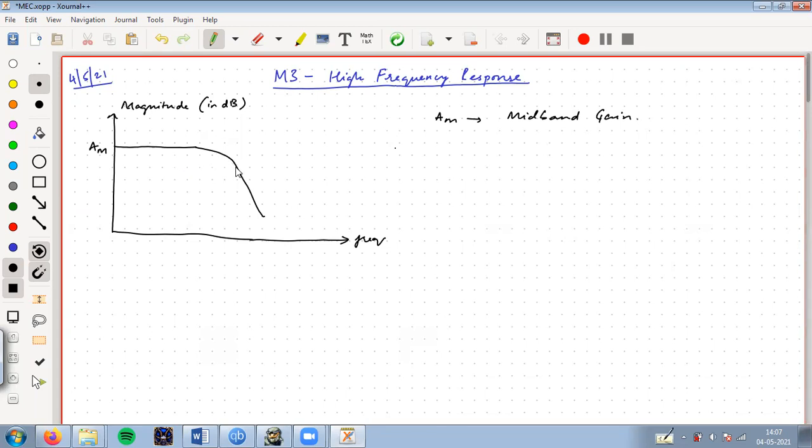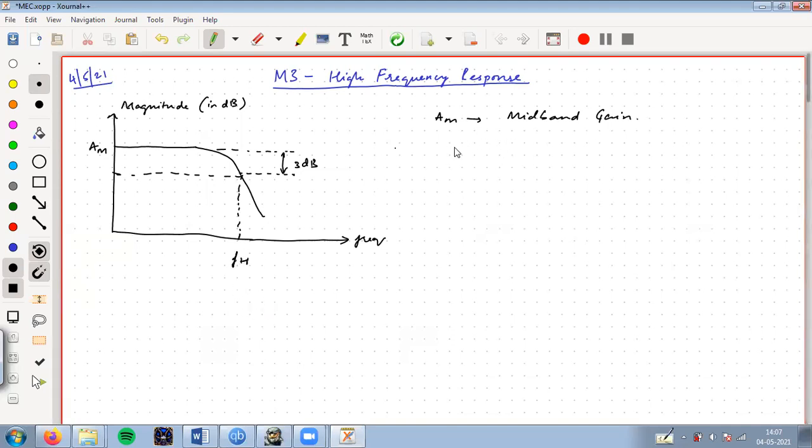And if this is AM, then if I go 3 dB below that AM, this is 3 dB, then this will give me FH.